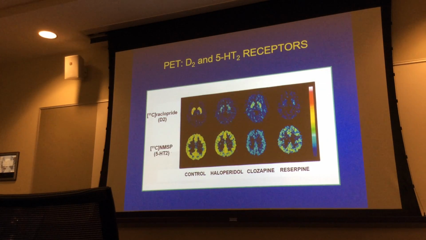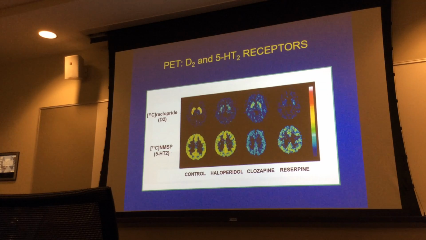This is a classic displacement study. So, I showed you these graphs of displacement that you can do in vitro and in cells, but you can actually do the same kind of displacement study in vivo in a living human.